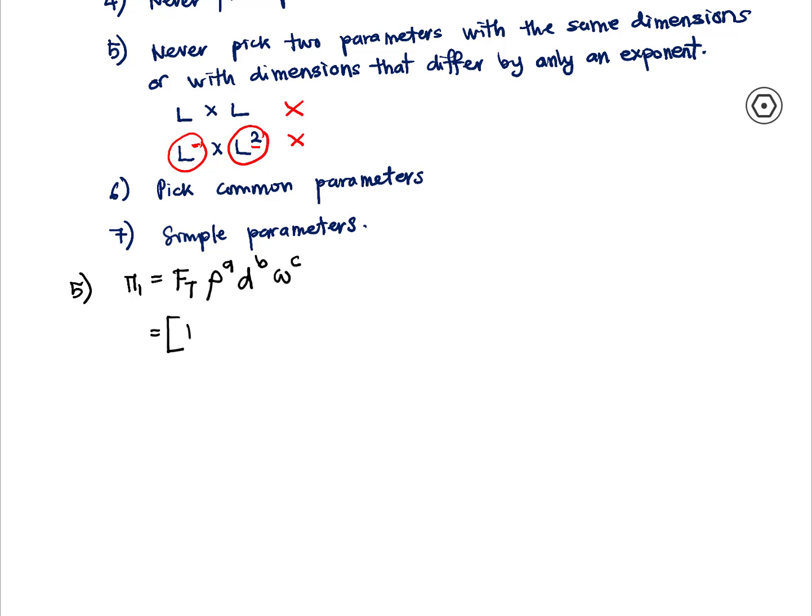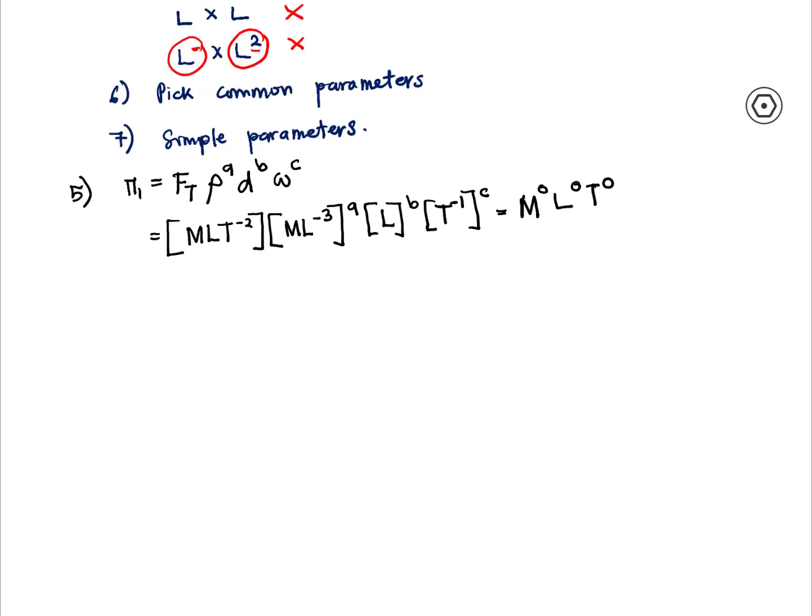Okay, ft is m, l, t to the power of minus 2, and then rho is m, l to the power of minus 3, all to the power of a, and then diameter is l to the power of b, and last is omega, t to the power of minus 1, all to the power of c, equal to m to the power of 0, l to the power of 0, and t to the power of 0.